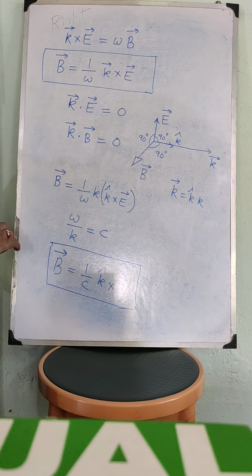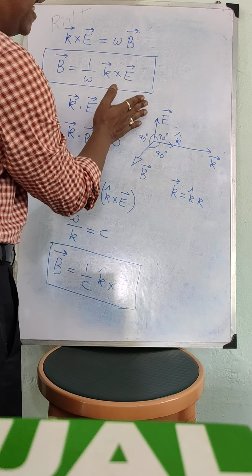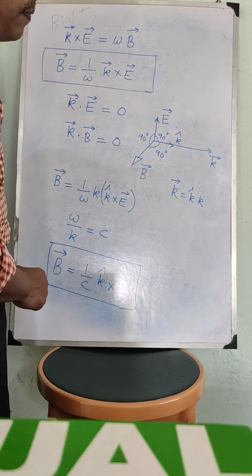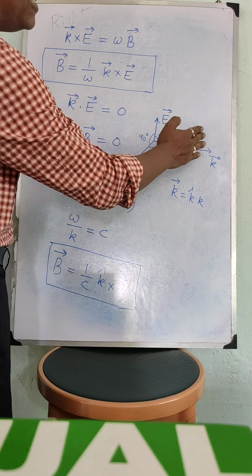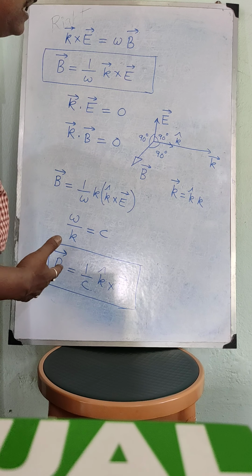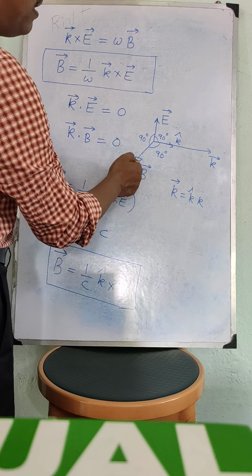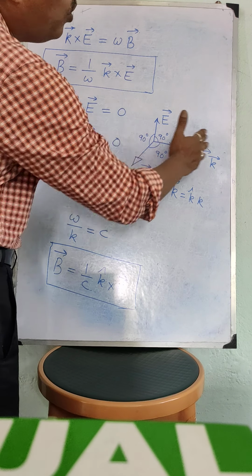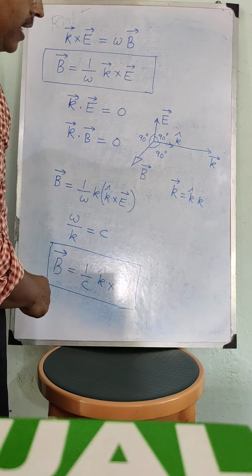So we see that electric field vector and magnetic field vector are confined in a plane perpendicular to the propagation vector. So we say that our electromagnetic wave in free space is a transverse wave. Why transverse wave? Because electric field vector and magnetic field vector are confined in a plane perpendicular to the direction of propagation or the propagation vector.